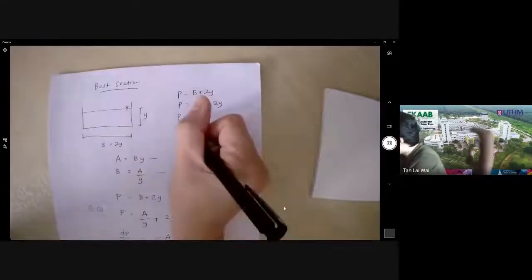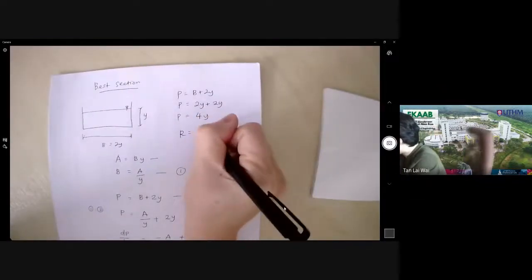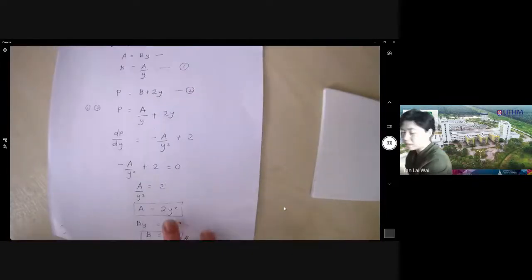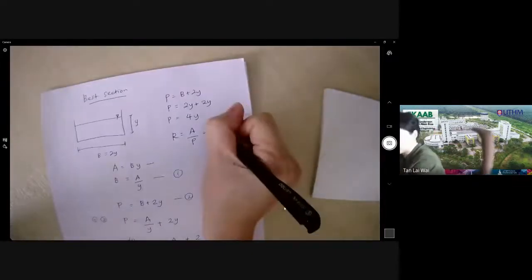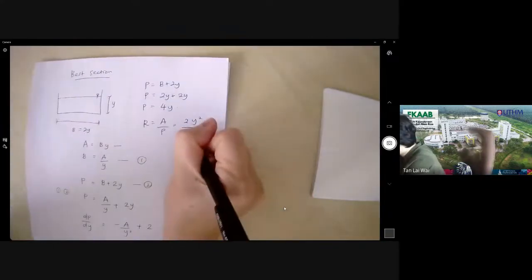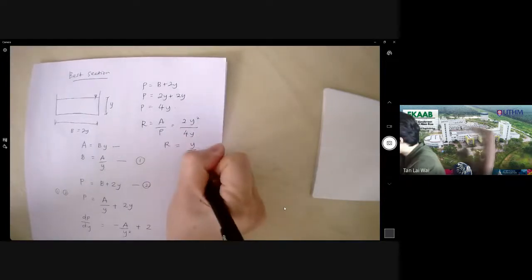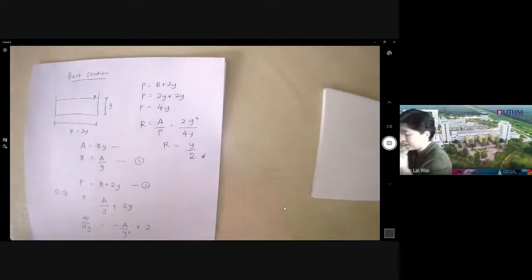So what else? R. If you look here, A is 2y squared. I'm going to substitute 2y squared over 4y. So this will give me y over 2. All right, so I have that.